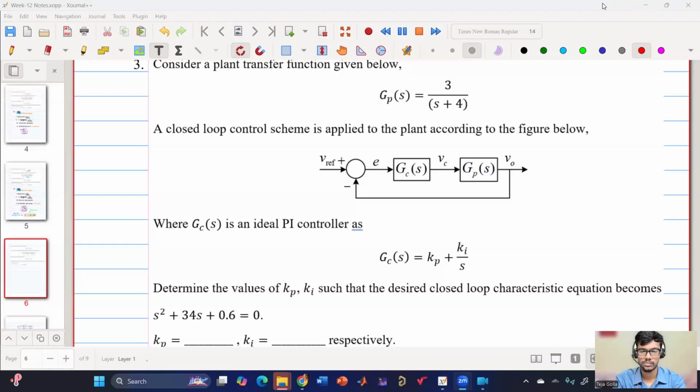Sir, KP is 10 and KI is 0.2, I thought. Okay, so you're getting KP is 10 and KI 0.2. I think Arun is also getting the same. Riddhi is also saying yes, 0.2. Who else is solving? Let's wait for the last person and then we'll start solving.